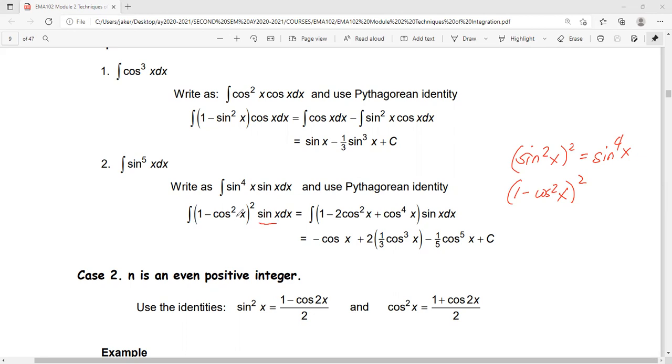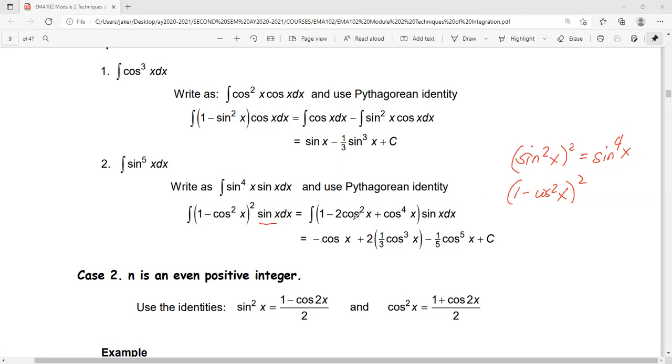Now you cannot have this evaluated with the sine of x dx here unless you expand, if you're going to use power rule or the simple integral of simple trigonometric functions. So you have this expanded. How do you expand this? Your algebra taught you that. So 1 minus twice the product of this.